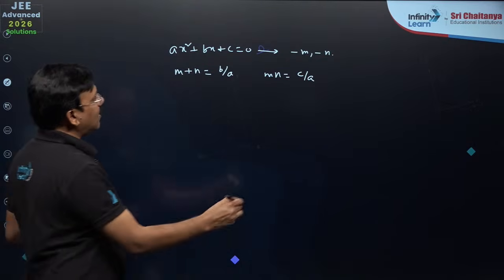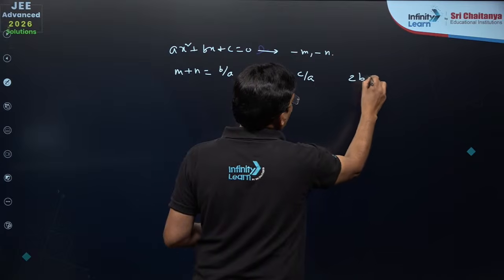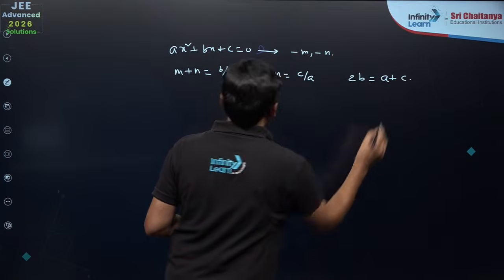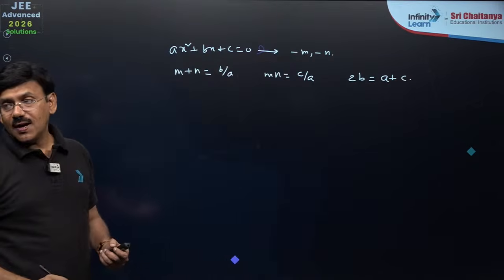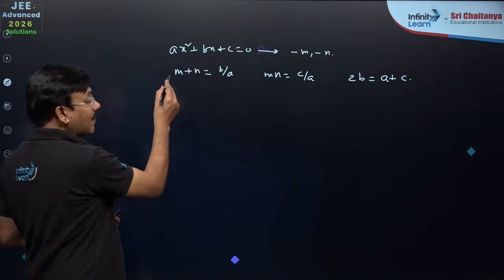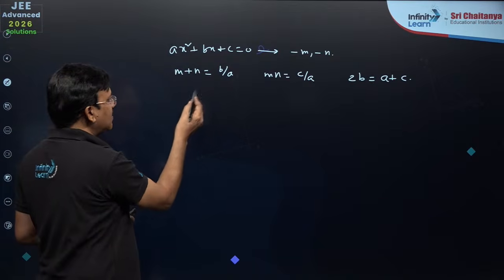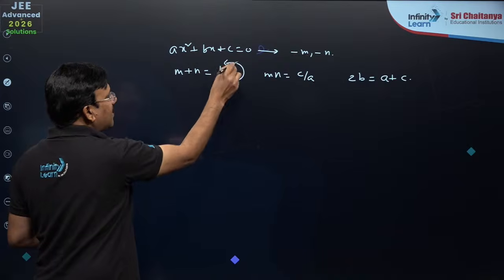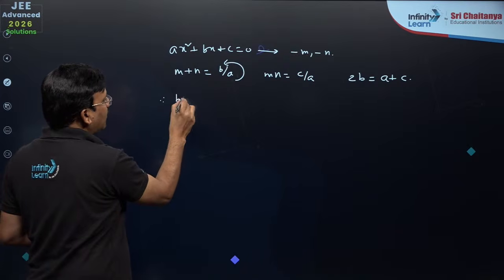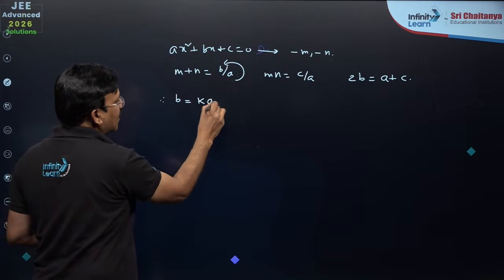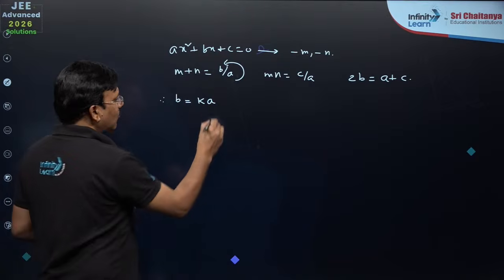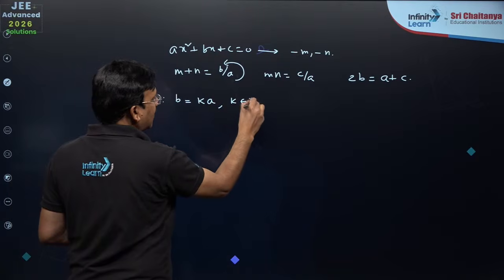Since a, b, c are in AP, you can write 2b is equal to a plus c. Now, given a, b, c are positive integers and m, n are also integers, a must divide b. Therefore, b is equal to ka for some natural number k.